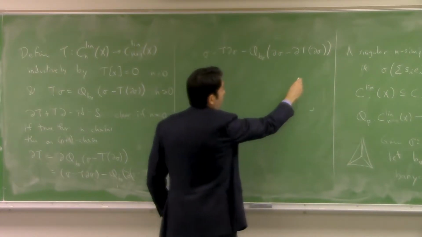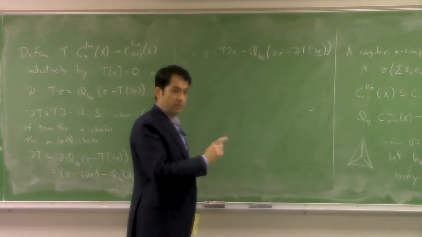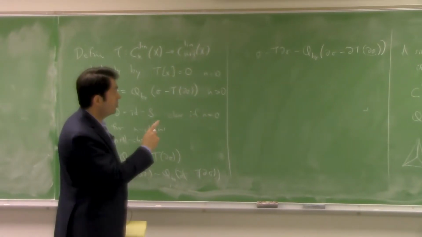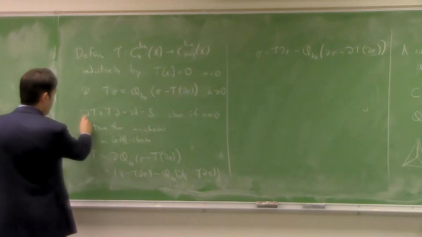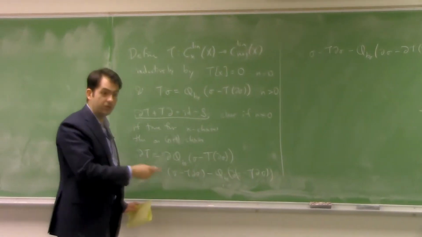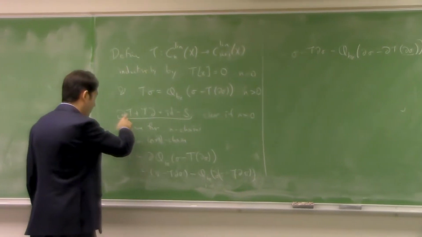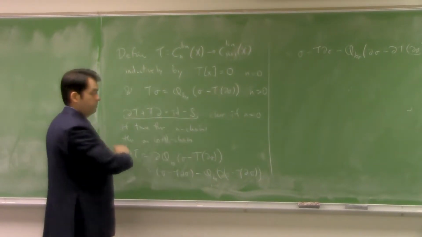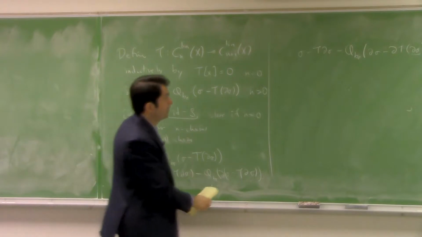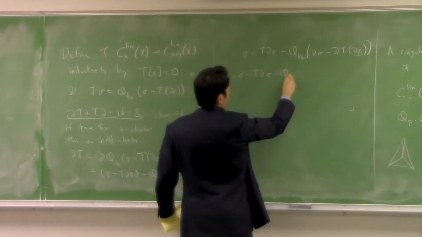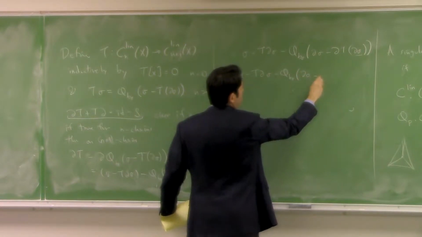Now boundary sigma has degree n, so I know this formula holds already for n chains. So that boundary T at the end, I can replace it with what I get from over here. So I get sigma minus T boundary sigma minus Q_B sigma boundary sigma minus.